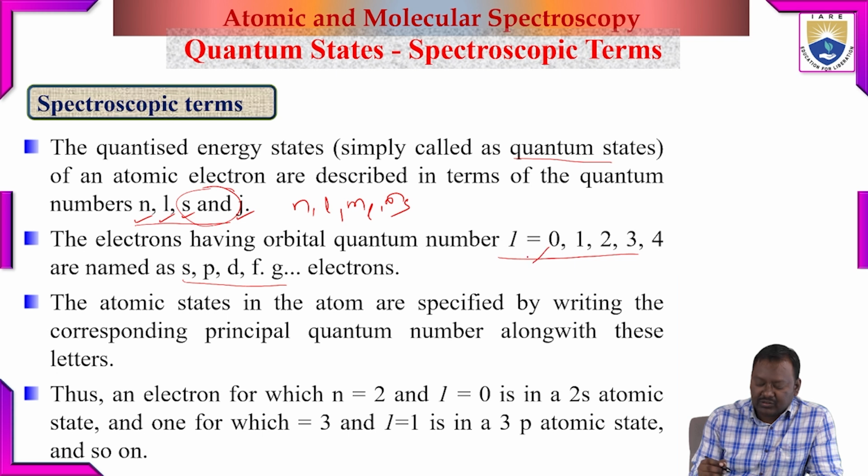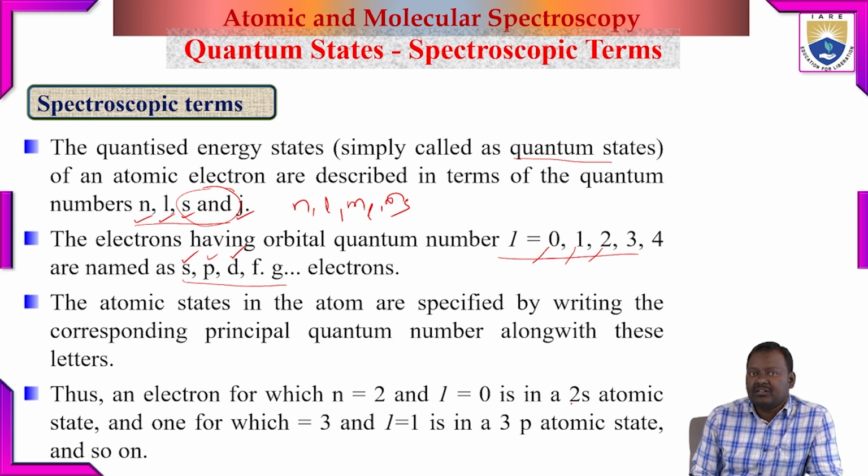For L equal to 0, the orbital is designated by s. For L equal to 1, it is designated by p. For L equal to 2, it is designated by d, so that we can give designations for orbitals having different L values. The atomic states in the atom are specified by writing the corresponding principal quantum number along with these letters.